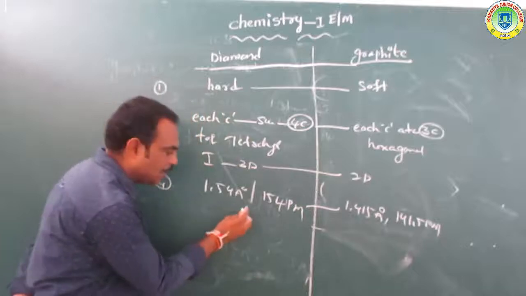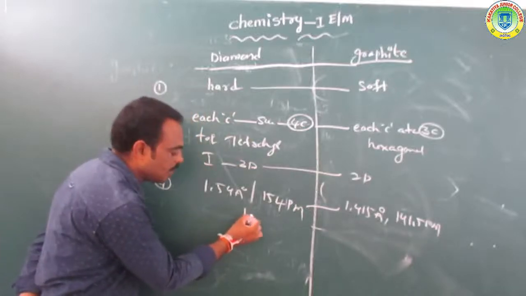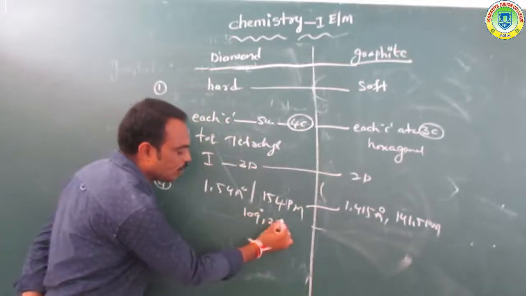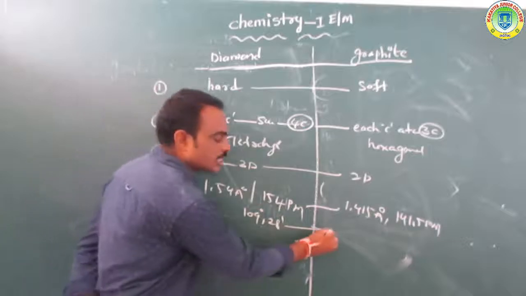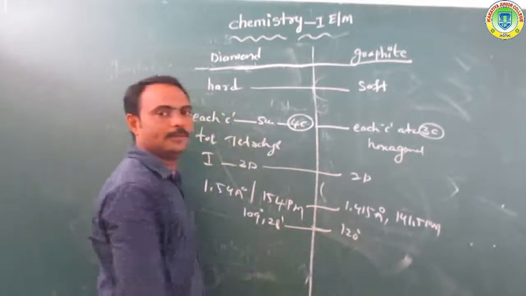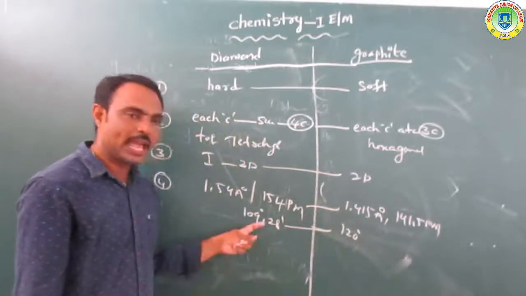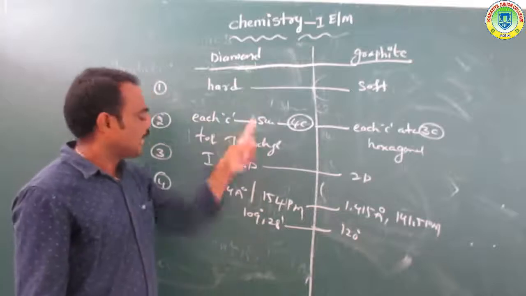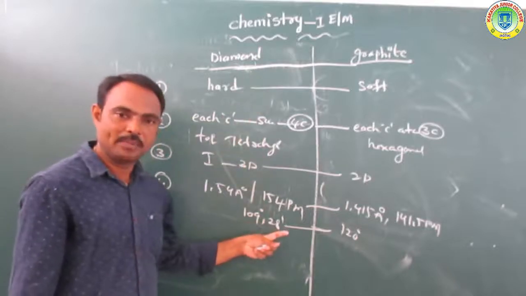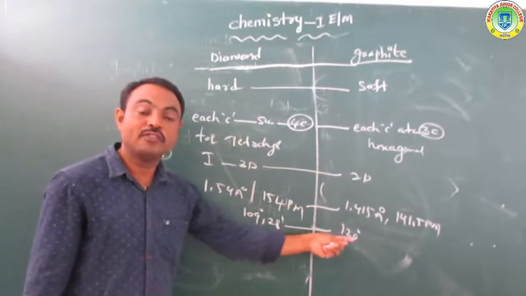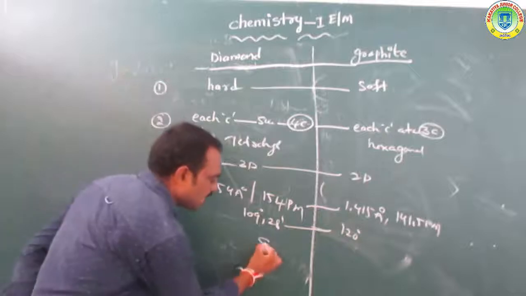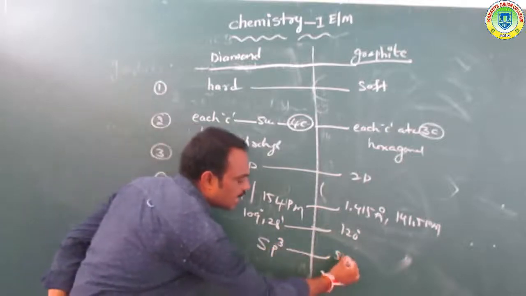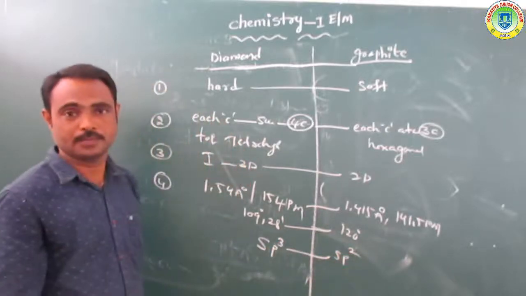The bond angle between carbon and carbon in diamond is 109 degrees 28 minutes. In graphite it is 120 degrees. Diamond has sp3 hybridization, graphite has sp2 hybridization.